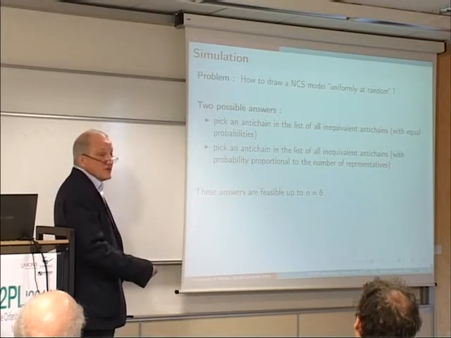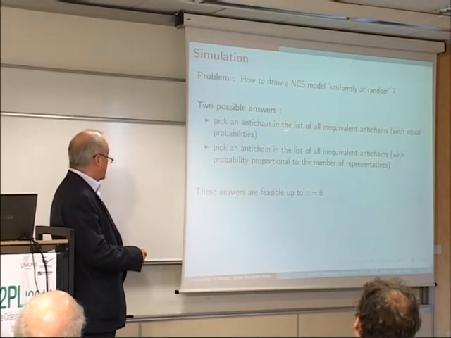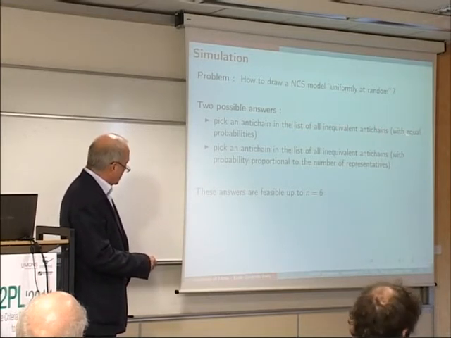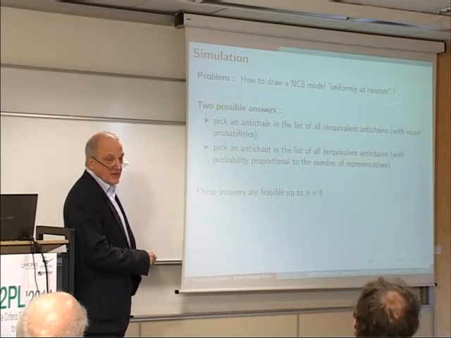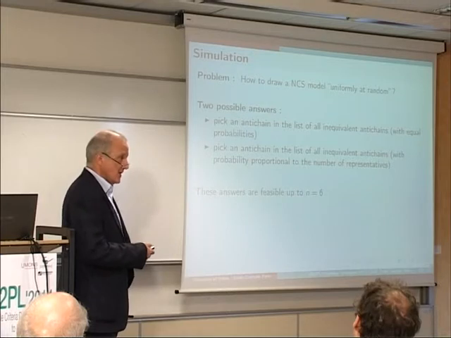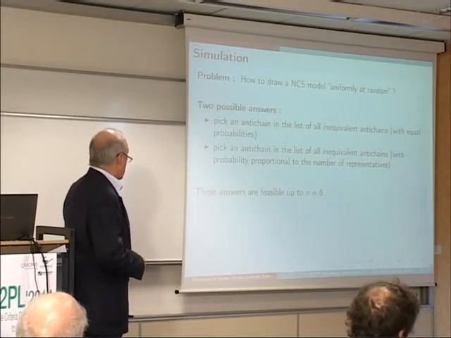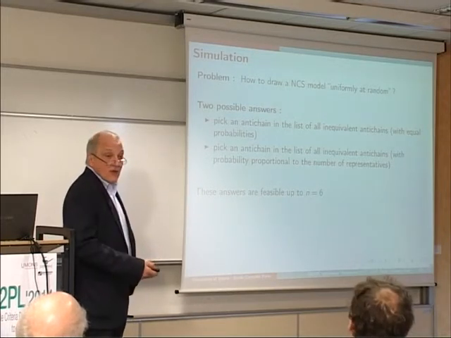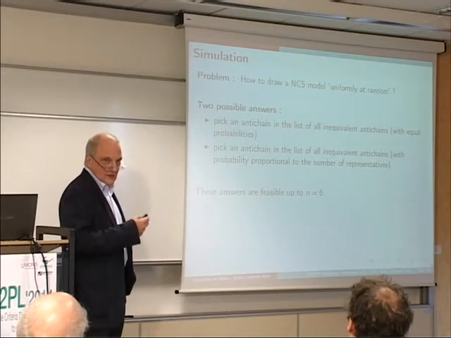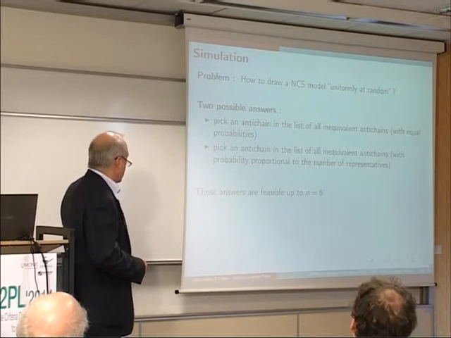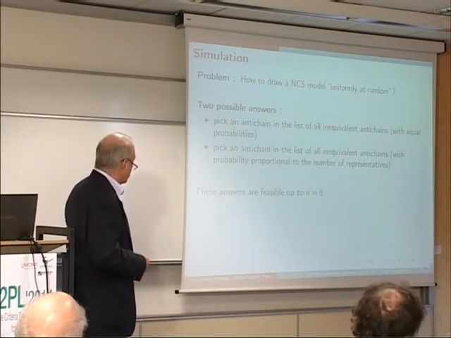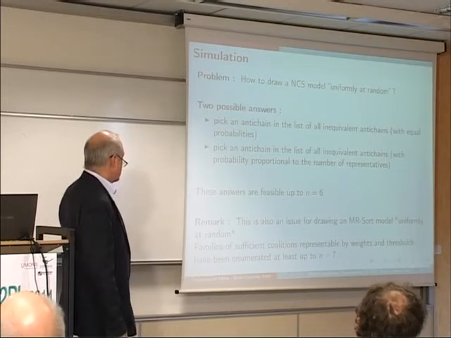So there are 2 possible ways of doing this. Either you sample by giving equal probabilities to all inequivalent chains, or you weight these inequivalent chains by their frequency. So we can do that up to n equals 6 with methods that can be improved, of course. But yet doing it for n equals 7 is not easy.